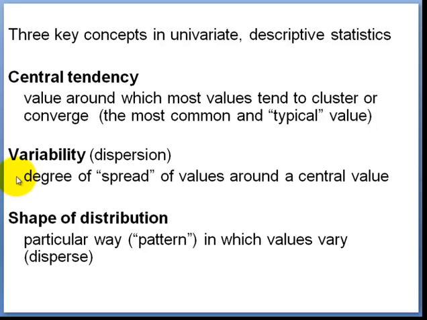It's almost an opposite of central tendency. Central tendency is, so to speak, the common typical value. Variability is the spread of values, the degree of spread around that central value. And finally, shape of distribution is presented in Chapter 5, and that pertains to the particular way in which values vary.